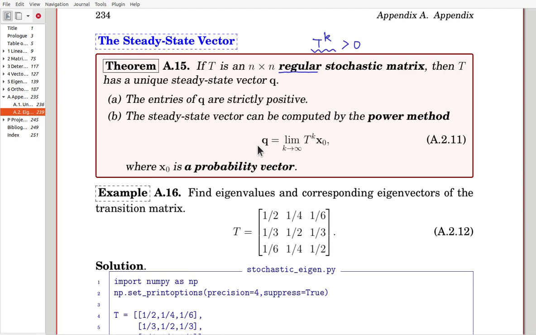So it is a sort of long-term behavior of a Markov chain, where x0 is a probability vector. You may start with an arbitrary probability vector, and when you use this power method, it converges to the unique steady state vector Q. Let's look at this example.